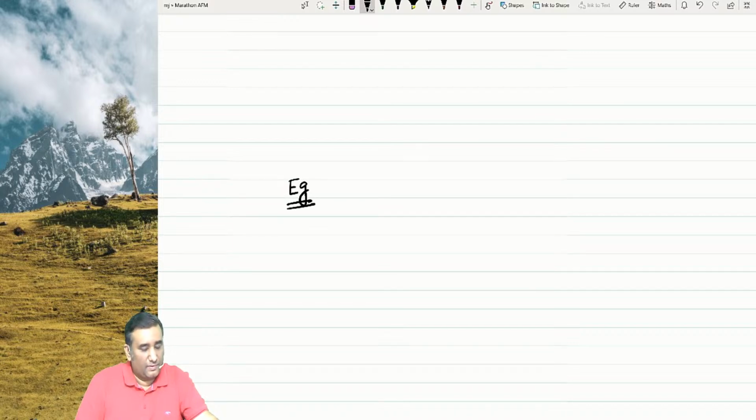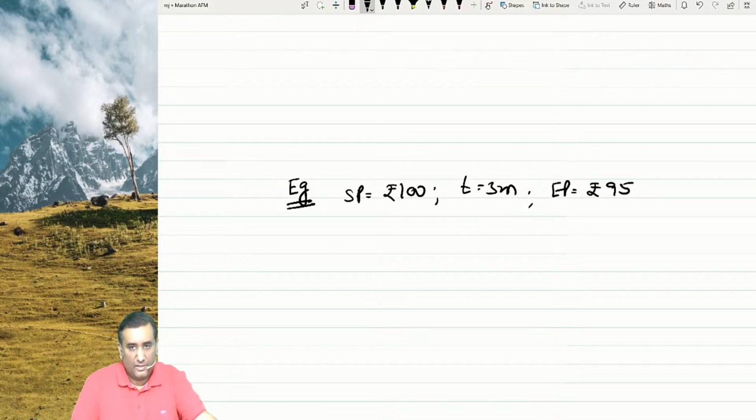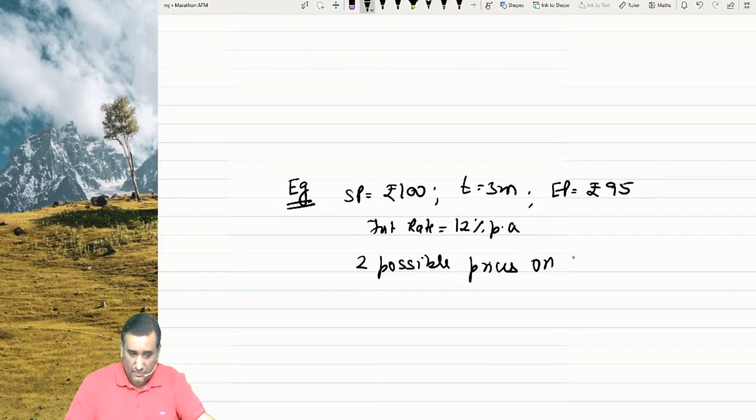Price, time, months, exercise price, risk-free rate per annum. Two possible prices on expiry.